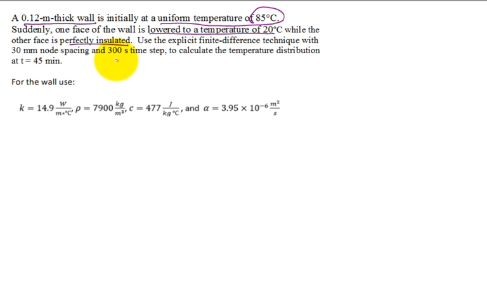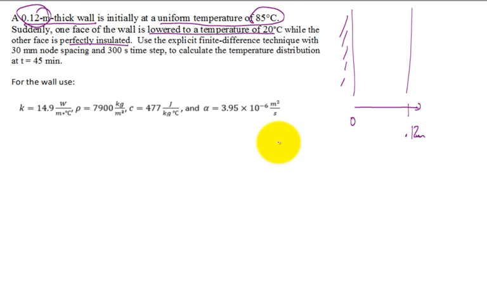So what's happening is you have a hot wall. One face is lowered to 20 degrees C. There's a lot of conduction out that cold face, while the other is insulated. If I wanted to plot this, here's my wall. It goes from 0, where it's insulated, out to 0.12 meter. Initially I put in a temperature of 85 everywhere.